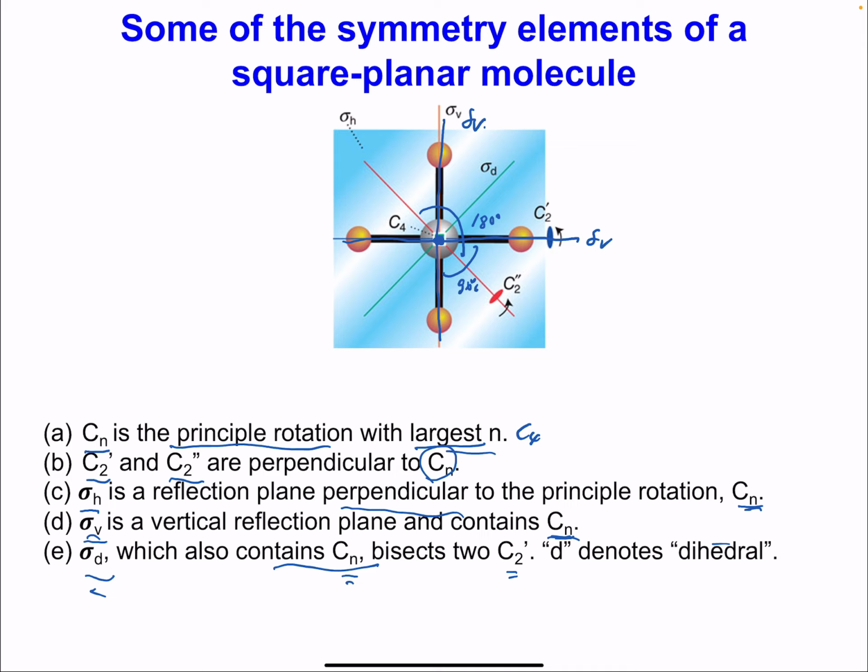And also you have sigma d. So what is a sigma d? Sigma d also contains the principal rotation axis, but it bisects the C2 prime rotation axes. One C2 is here, another is here, and that's a sigma d, because it bisects them.